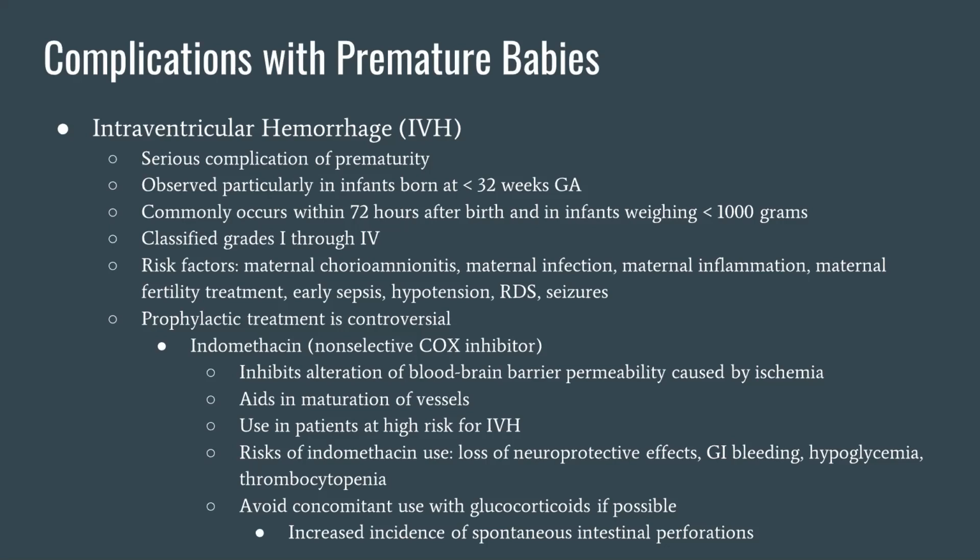So we're only going to use it in patients who are at high risk for IVH, and some other risks are GI bleeding, hypoglycemia, and thrombocytopenia. And there's an important drug interaction to note with indomethacin, and it shouldn't be used with glucocorticoids if at all possible.